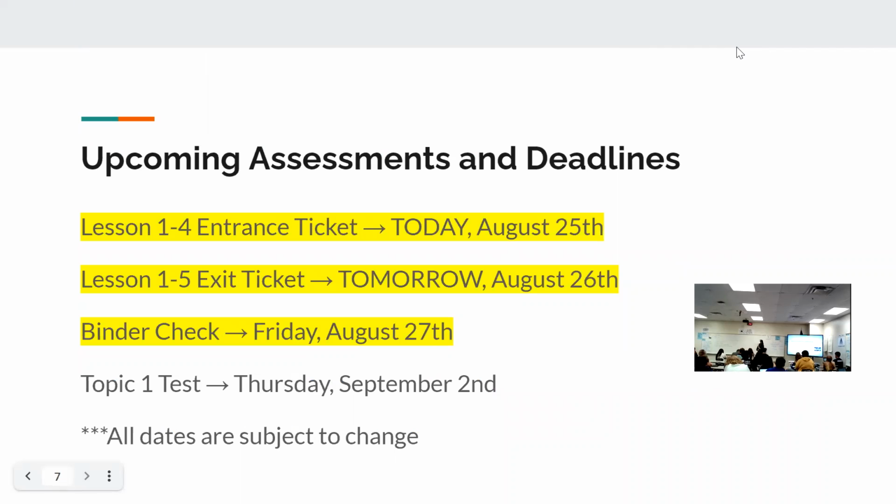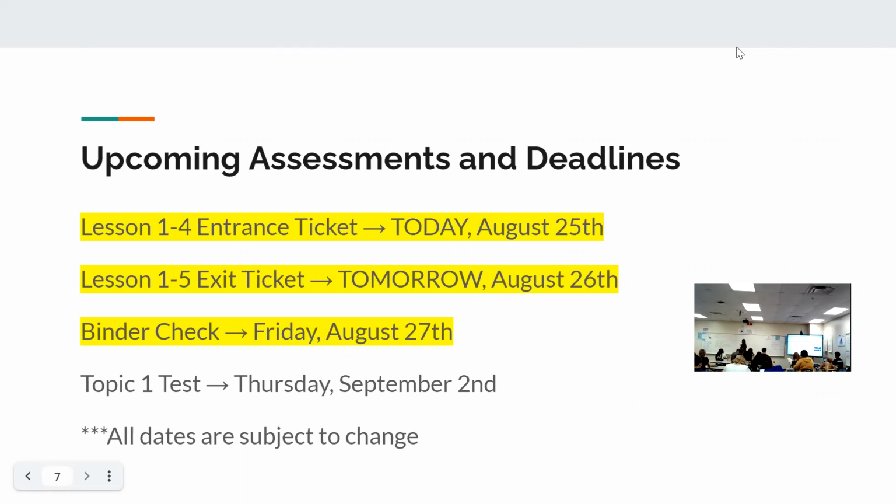All right. Here's the schedule so far with the assessments. The exit ticket for this lesson that we're going over today, it's supposed to be the 2nd day of the lesson, but we'll just have to see because I do like giving you guys time to practice. We'll see how it goes tomorrow, or we might push it to Friday. Either way though, there's a binder check on Friday.